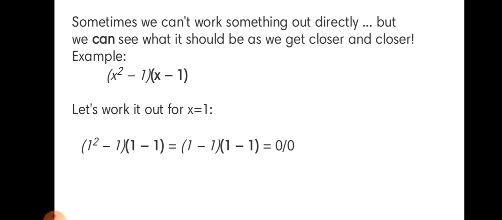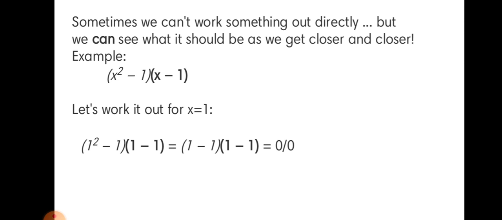So here is an example of limits. x squared minus 1 over x minus 1. We are going to substitute the value of x, which is 1. So 1 squared minus 1 over 1 minus 1 is equal to 0 over 0.